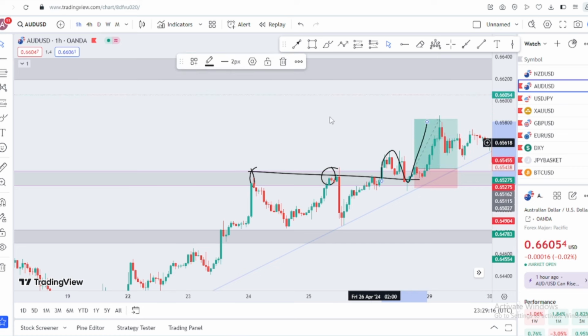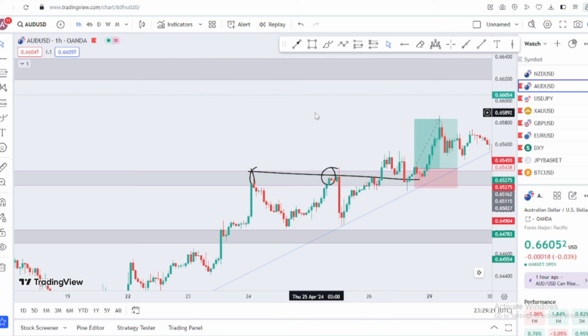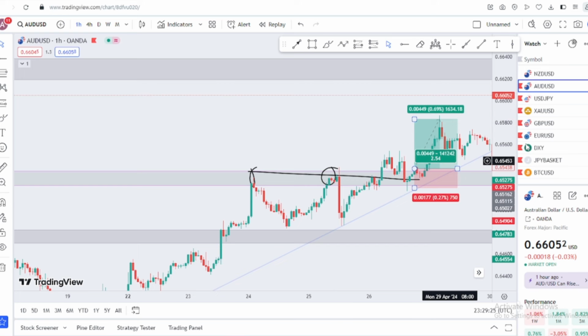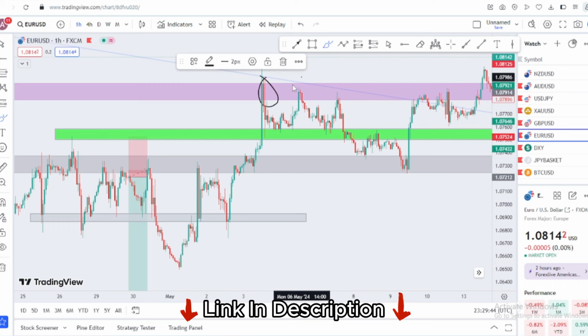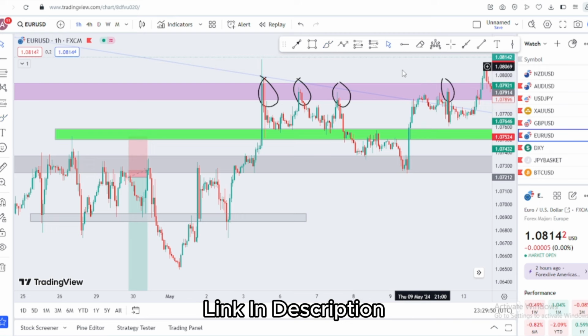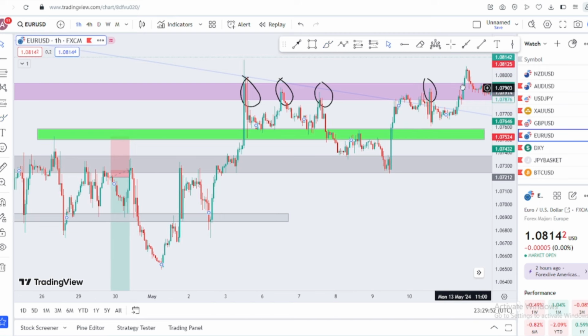So you can now see the essence, the importance of waiting to have a break and a retest. Okay, let's do one more example. You can see this area here, which price reacted to several times. In recent times you saw price coming to break out of this area.